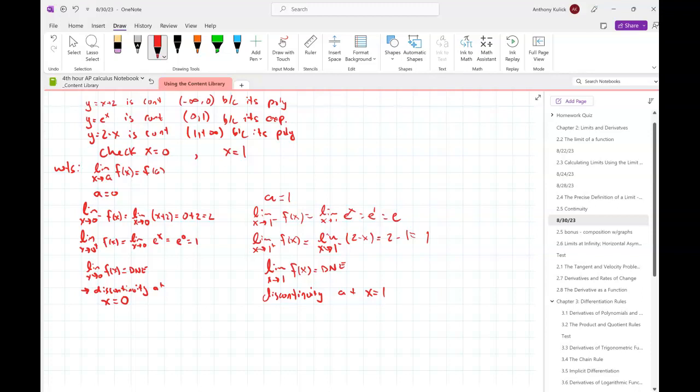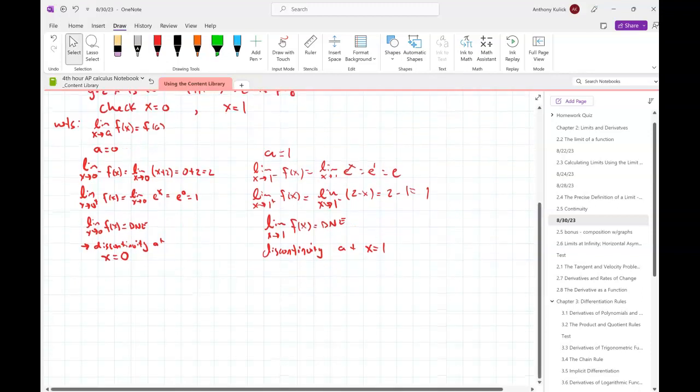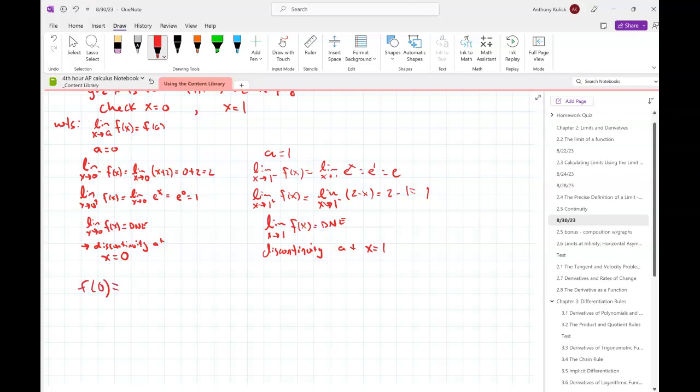Okay. So the other thing that it then asked is, okay, we have discontinuity, but at those discontinuities, do I have continuity from the left or the right or neither? So what I'm going to need to check is f of 0, because if f of 0 equals the left-hand limit, I have continuity from the left.